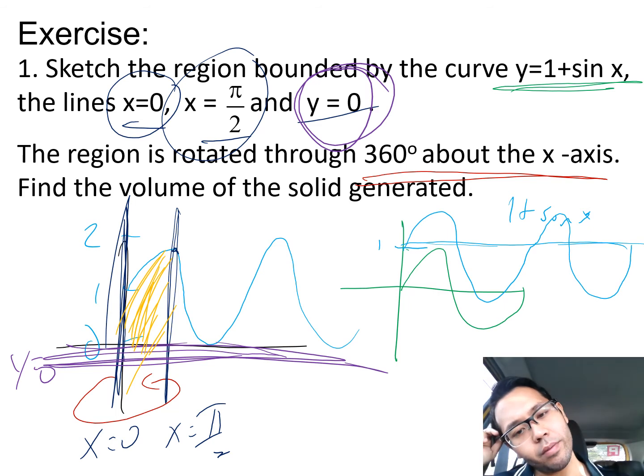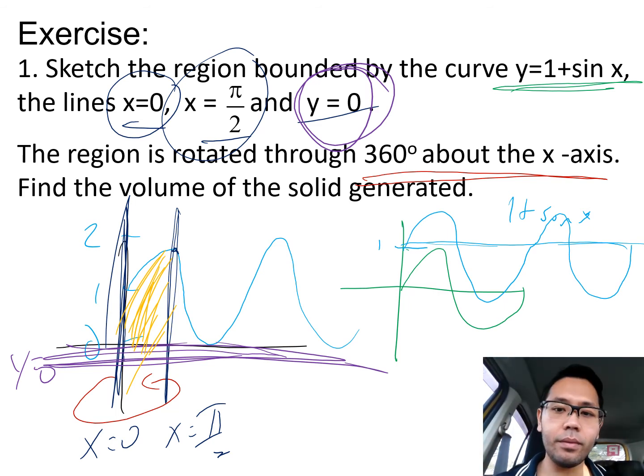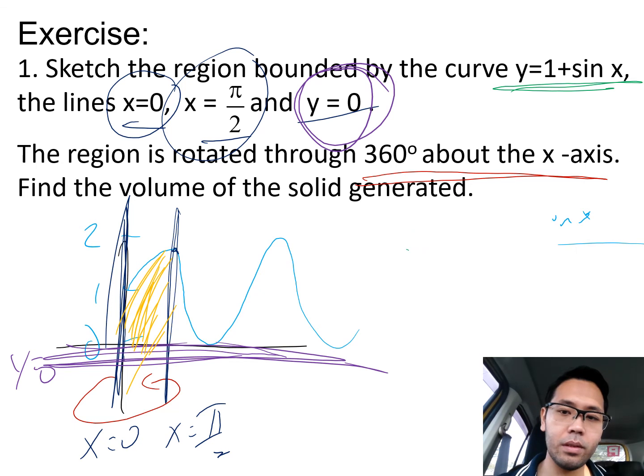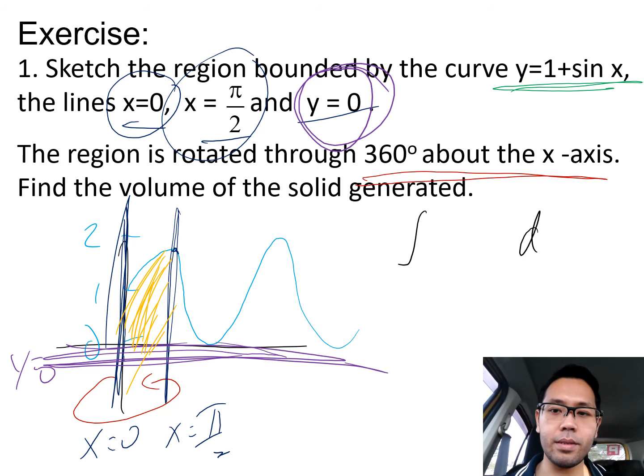How do you solve that? So what should you integrate? Since it is about the x-axis, right? So here is dx, and don't forget there's a pi up there. What should we integrate inside? Normally the integration is y, right?